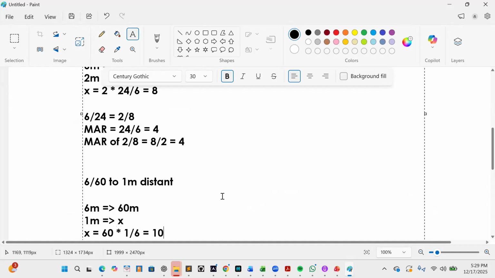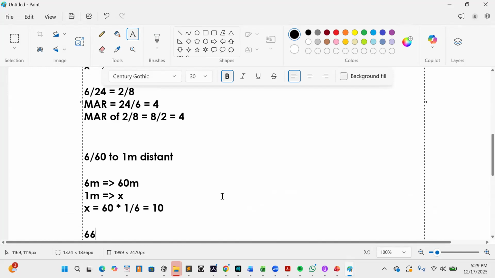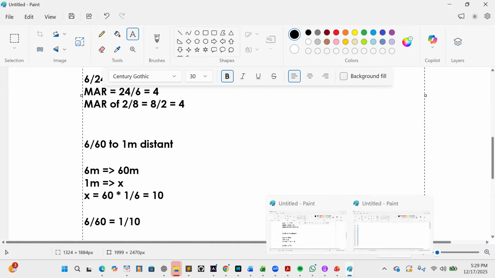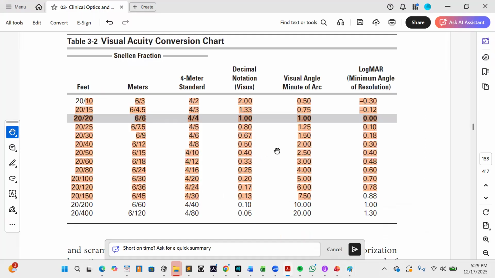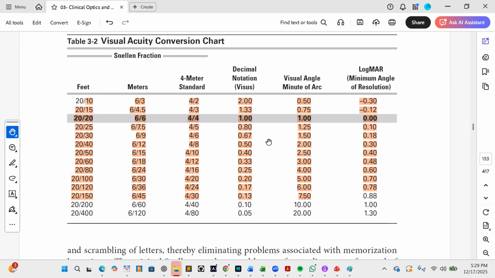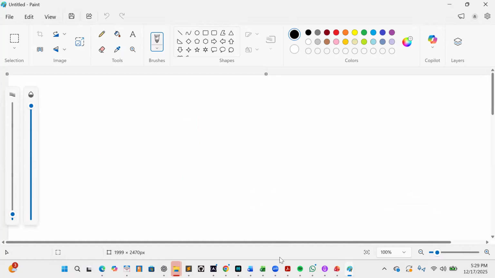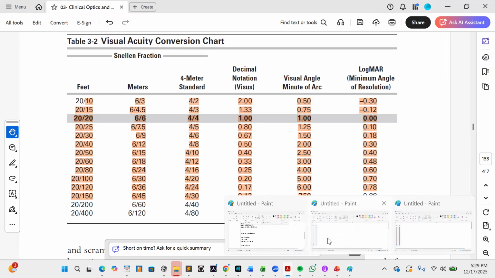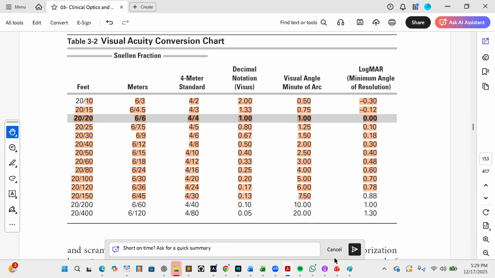So for the 1 meter, 6/60 equals 1/10. And so that is that about that one. So you can play with it and do multiple calculations. Also do like that, you see it at the same time. And then the idea is that the MAR will be the same thing. You can test either at 4 meters or 6 meters, the MAR will be the same thing.